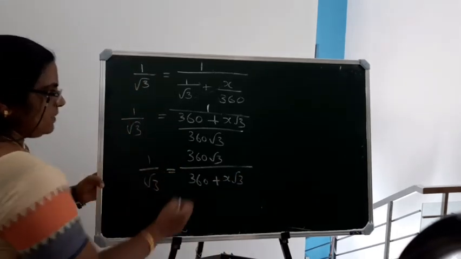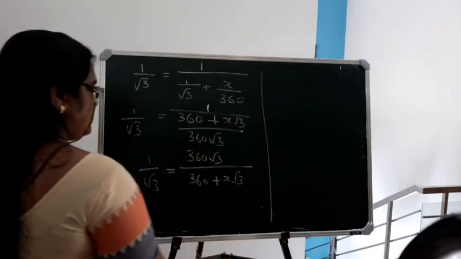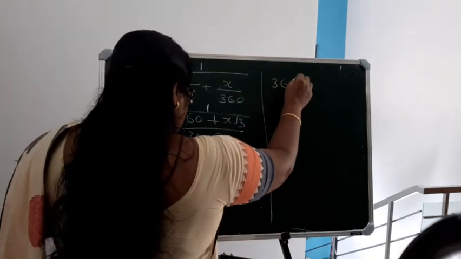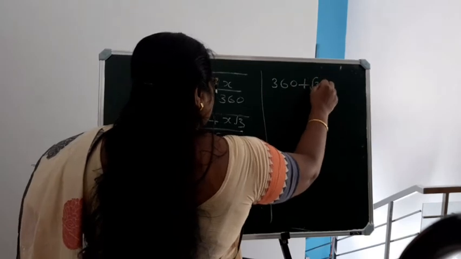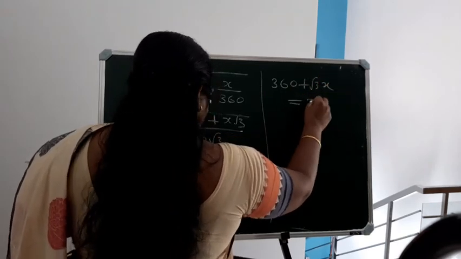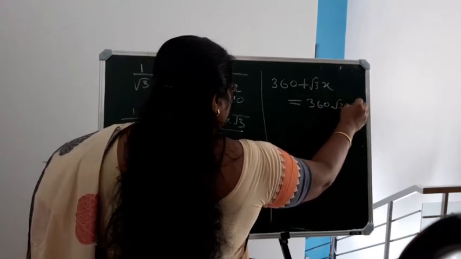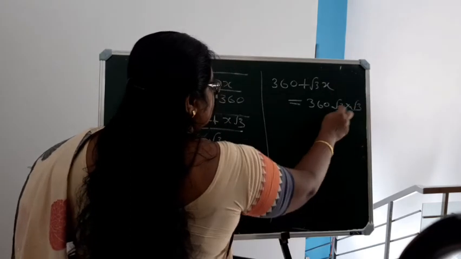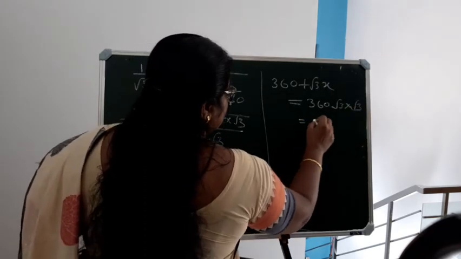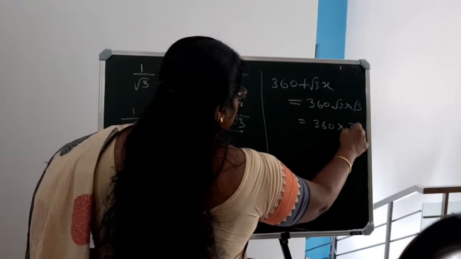Again cross multiply: 360 plus root 3x equal to 360 root 3 into root 3. Root 3 into root 3 is 3, so this is 360 into 3.